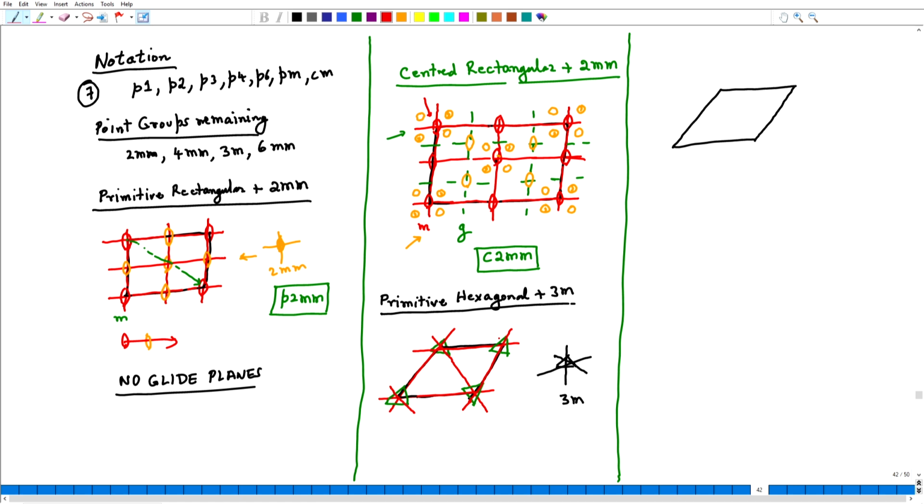So, this is how the mirrors get distributed. Another thing I have not yet added, there are also obviously in the P3 group, the 3 folds would also be here.